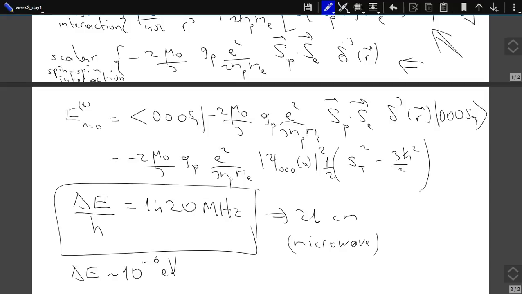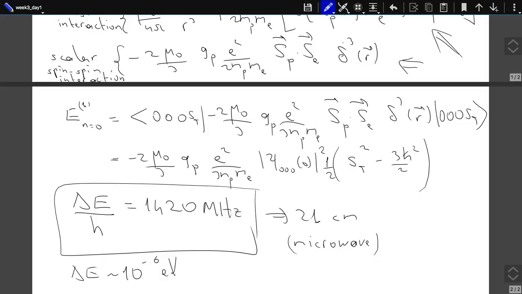Why is it so small compared to the other perturbations? By the way, this is the reason why it's called the hyperfine, that it is so small. It's much smaller. The other ones, if you remember, they're of the order of 10 to the power minus 4 electron volts. And the relativistic was 10 to the minus 2. No, it should be 10 to the power minus 4. Now, the relative correction was 10 to the power minus 5.